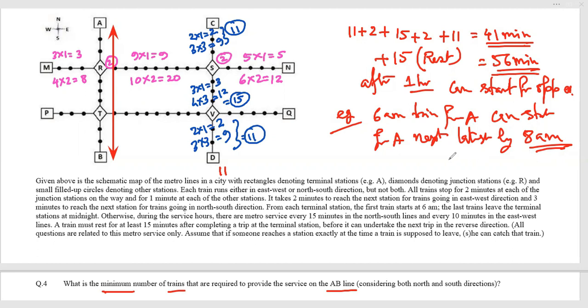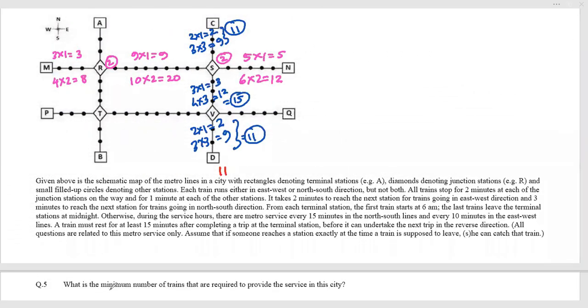In every hour there are 4 trains. So 4 plus 4, 8 trains required. So what is the minimum number of trains? It would be 8, because it is from 6 to 7, then 7 to 8. At 8 the same train can start. So 8 is the minimum number of trains required.